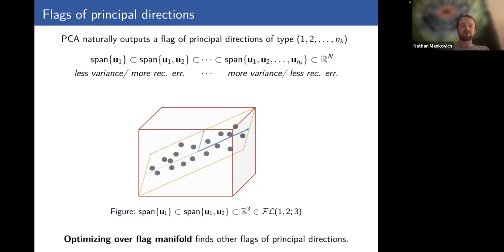And people have thought about this before, and other people even started optimizing over a flag manifold to find other flags of principal directions. And in fact, work came out just recently that is called the curse of isotropy.